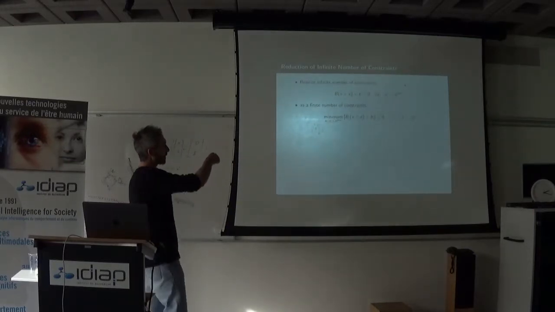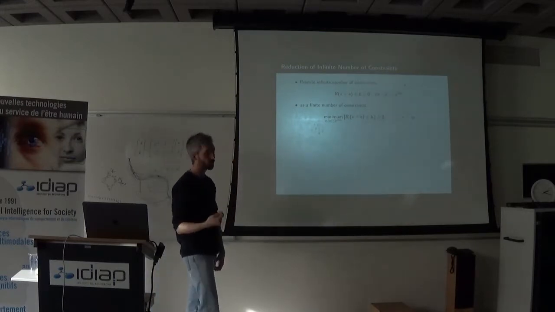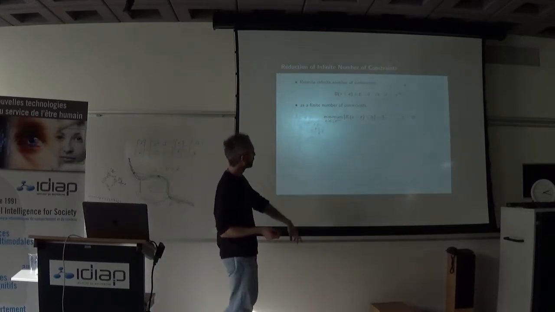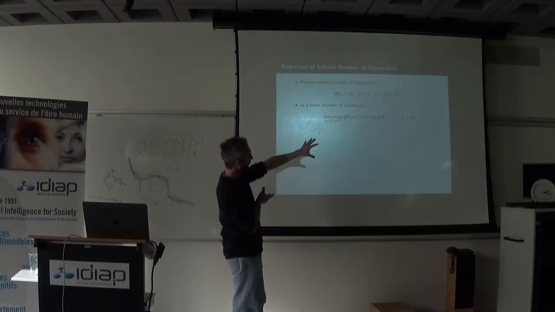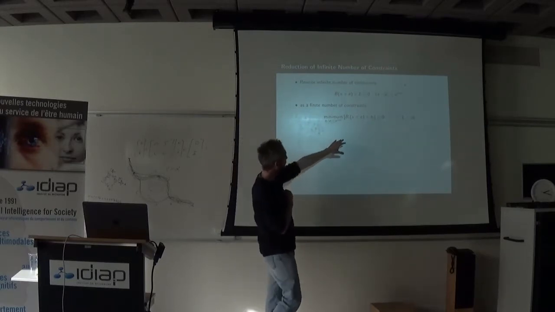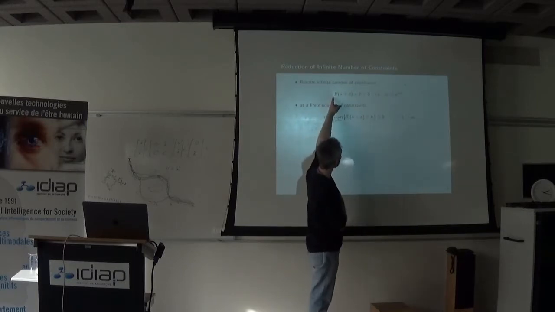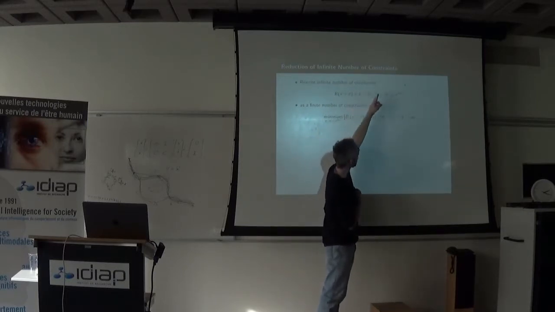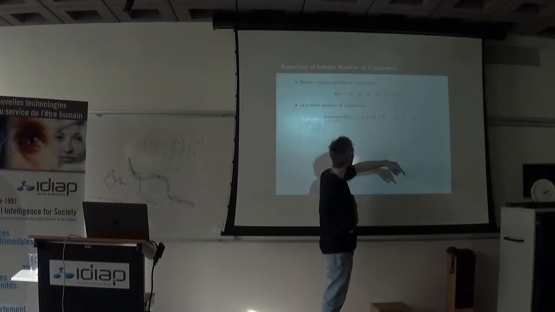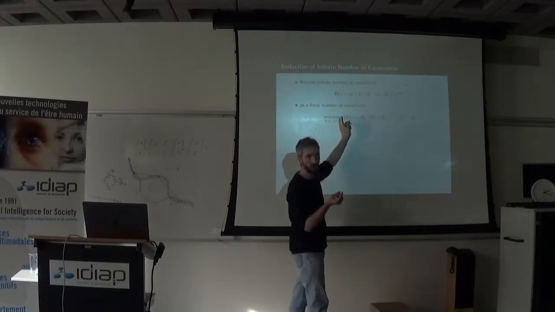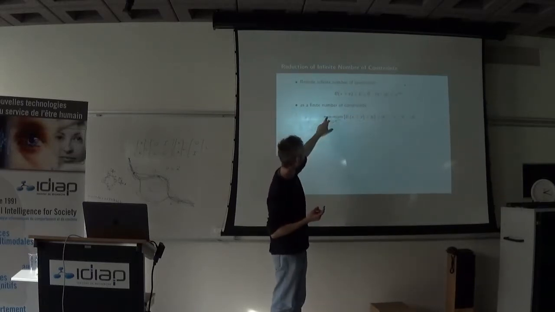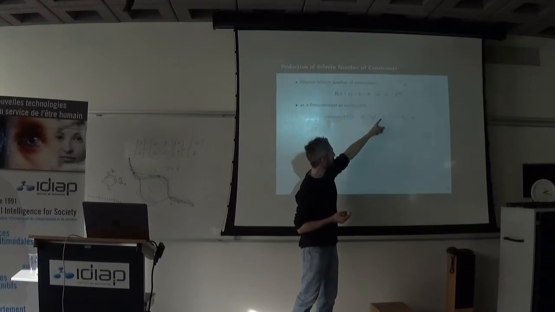We can simply rewrite them as a finite number of constraints by using this reformulation, which is actually very simple. It just says, to have this satisfied for all possible values of E, well, it's the same as saying that the minimum value of this guy, which actually is the worst case, for all possible values of E, is greater than 0.